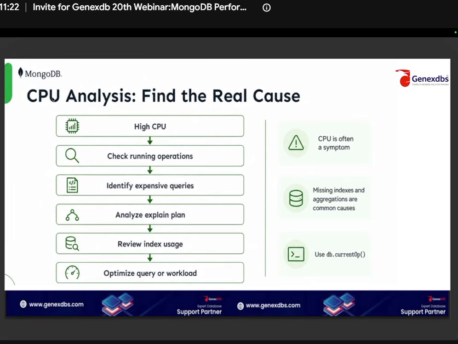The important command for checking the current operations is db.currentOp. It shows the operations currently in use and also helps us identify long running queries, blocking operations, and expensive aggregations.